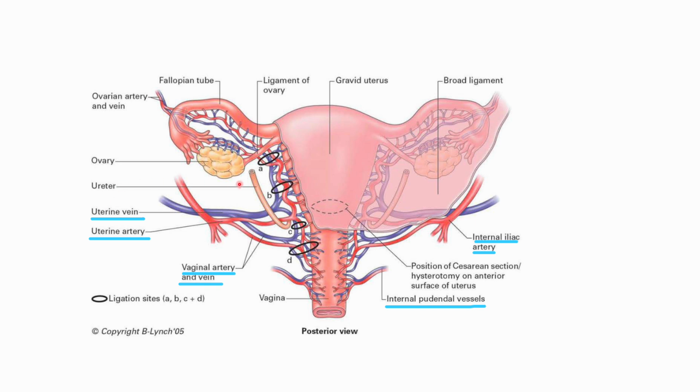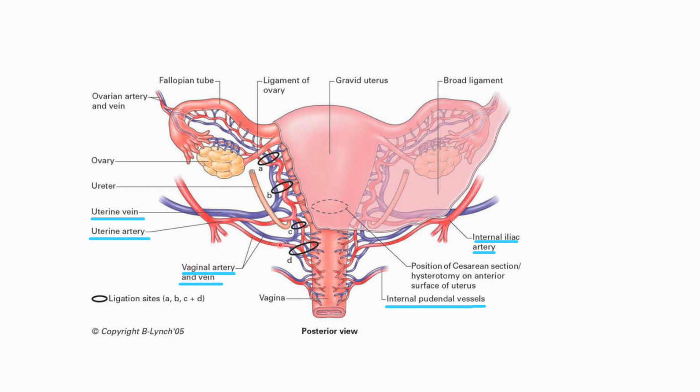Okay, so now just to recap, we talked about the superior aspect of the vagina being supplied by the uterine artery, so we have it over here, and that is from the internal iliac artery. So we see here the anterior division of the internal iliac artery is going to supply the superior portion of the vagina. Then we have the middle vagina that is supplied by the vaginal artery.